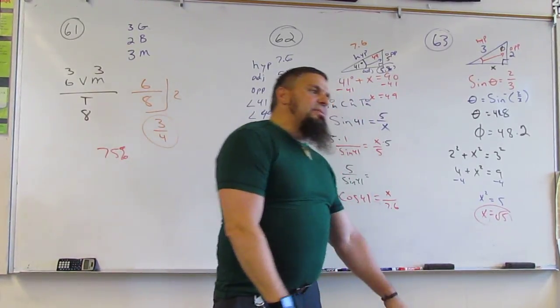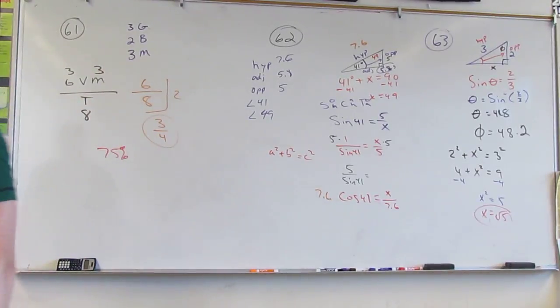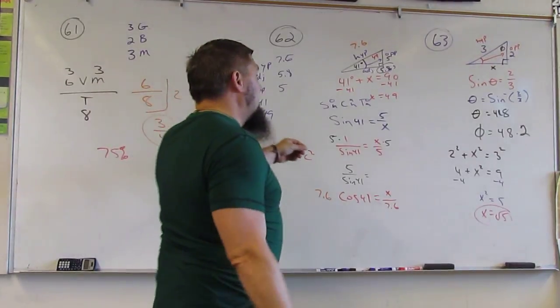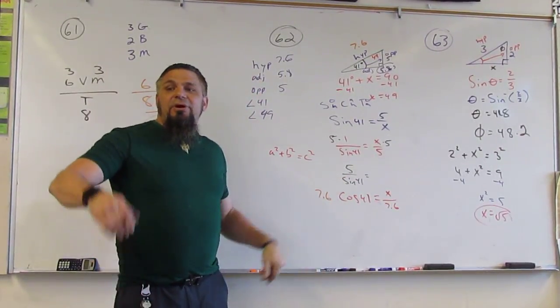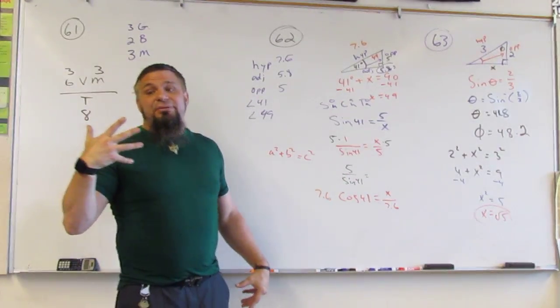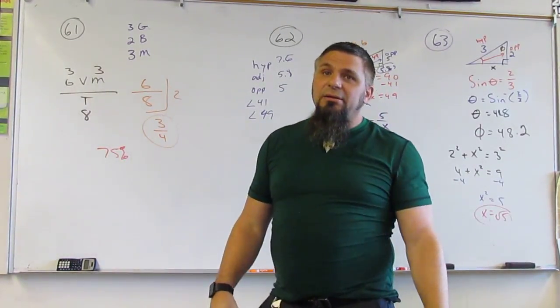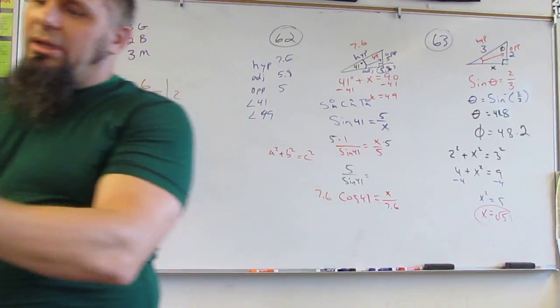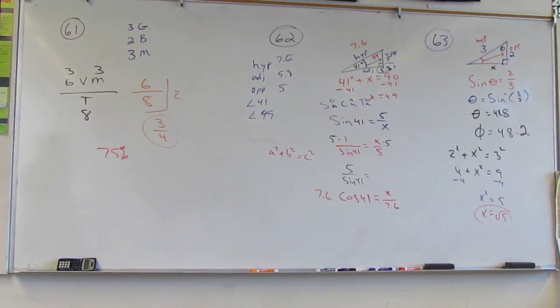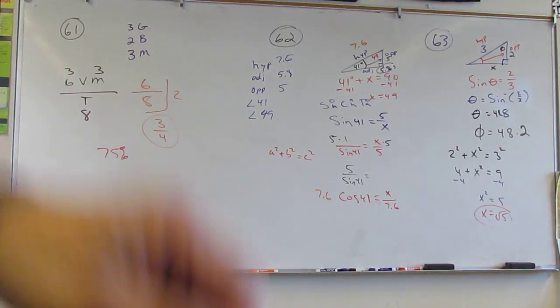It's a nice, easy way to solve for a side. If you want, you could also use sine or cosine to do it, just like we did over here, adjacent over hypotenuse. You could also use tangent, opposite over adjacent. So either one you want to use, go to it. And that's your test.